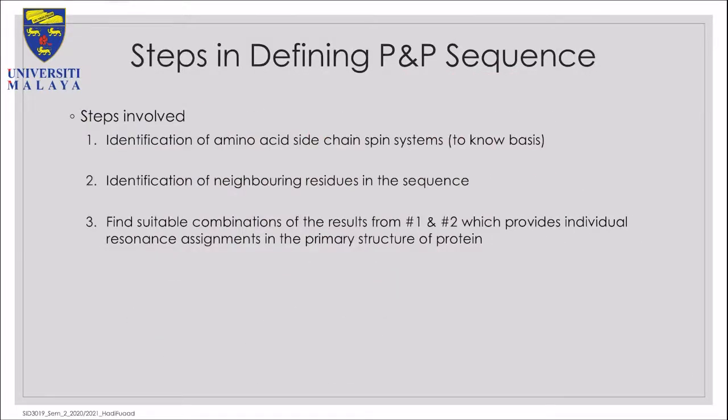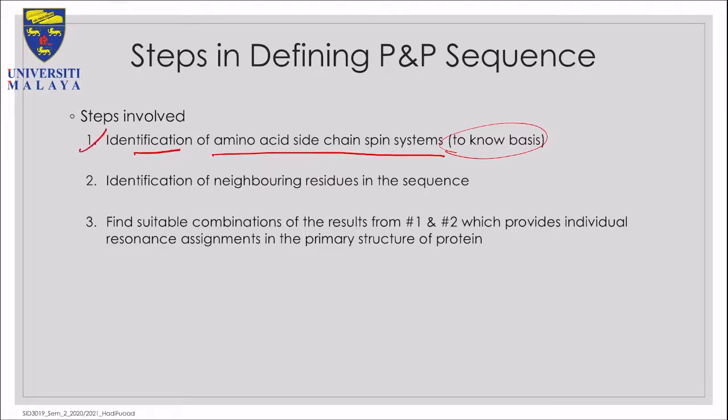So basically, to summarize, these three simple methods involve the following. The first one is to identify the amino acid side chain spin systems. What we will do here is cover it very briefly on a need-to-know basis for you guys, and of course I can ask it in your exam or your quiz.